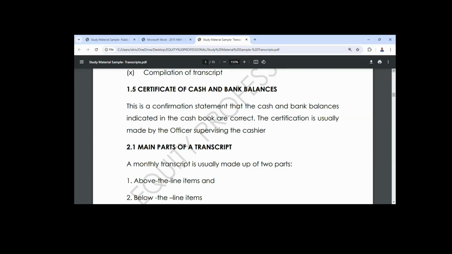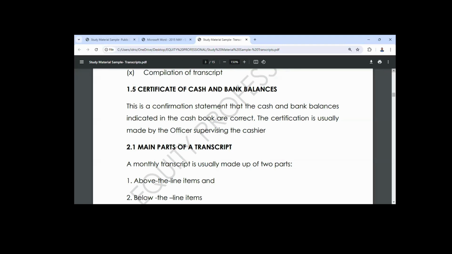They are used to correct errors. If there is an error in the main transcript, which is the cash transcript, and the error is an error of principles of double entry, and you have already submitted to the Accountant General, and you now notice the error, you will prepare another transcript called the supplementary transcript to correct that error in the cash transcript.